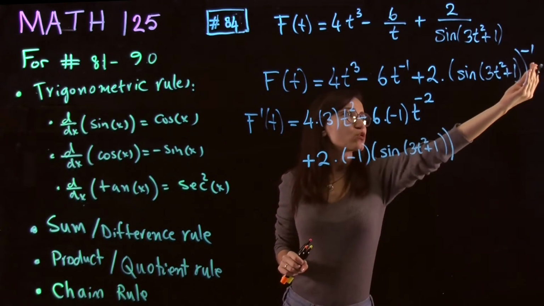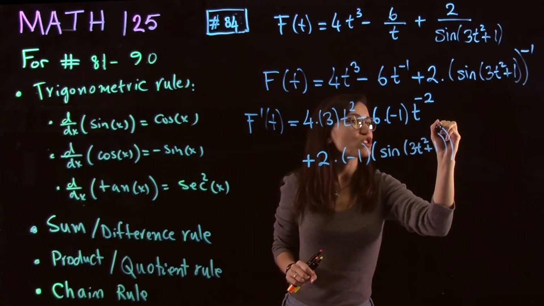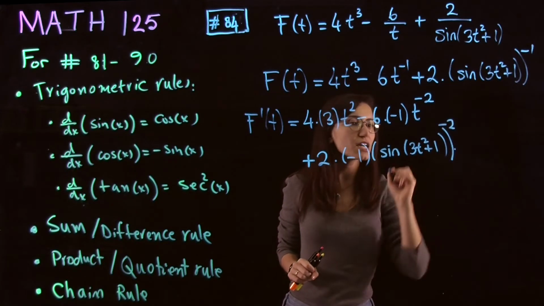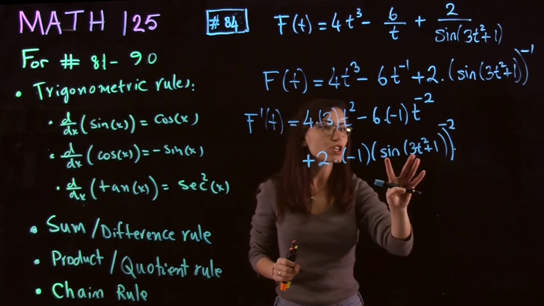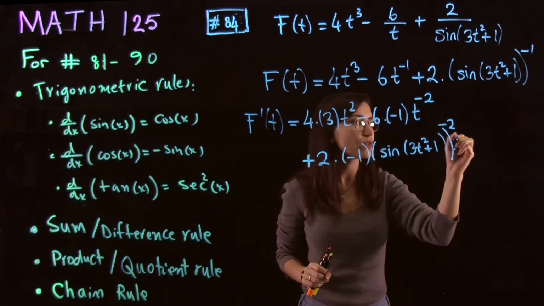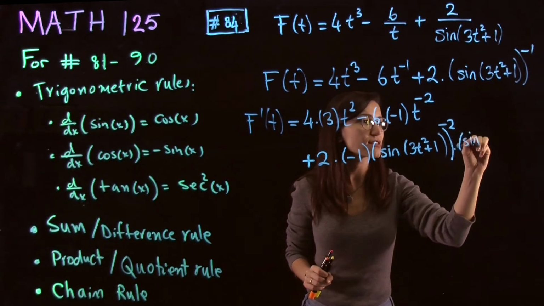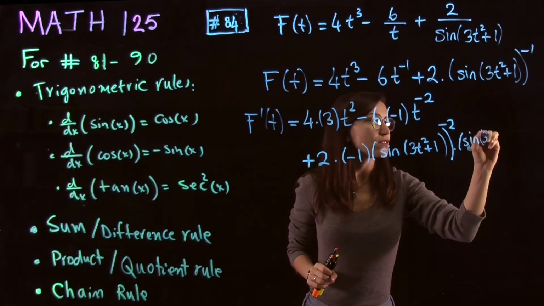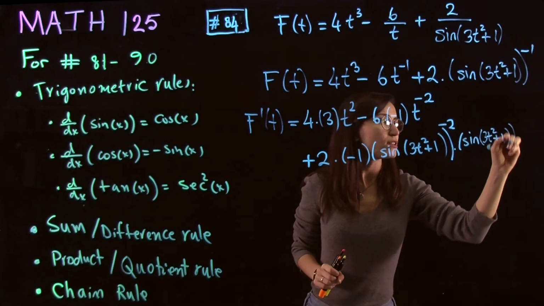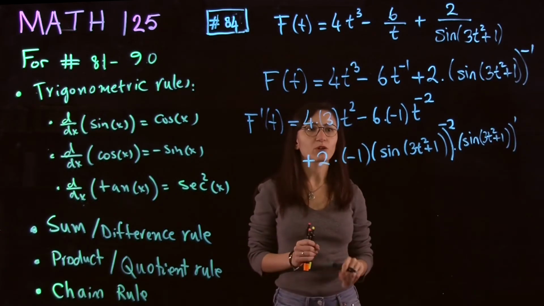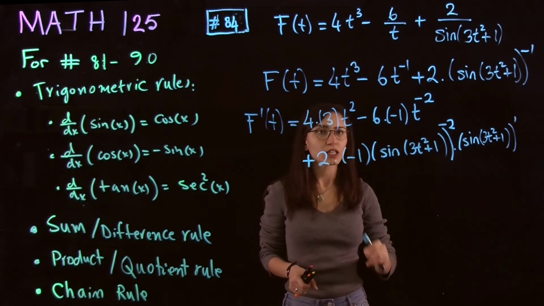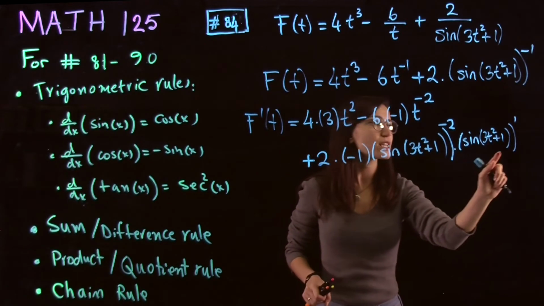And then I need to subtract 1 from the exponent, which is minus 2 times. Now I didn't finish. I need to continue with the derivative of inside. So let's write it as sine 3t squared plus 1 to the derivative. Okay. Now I am done with all the derivatives except this term.